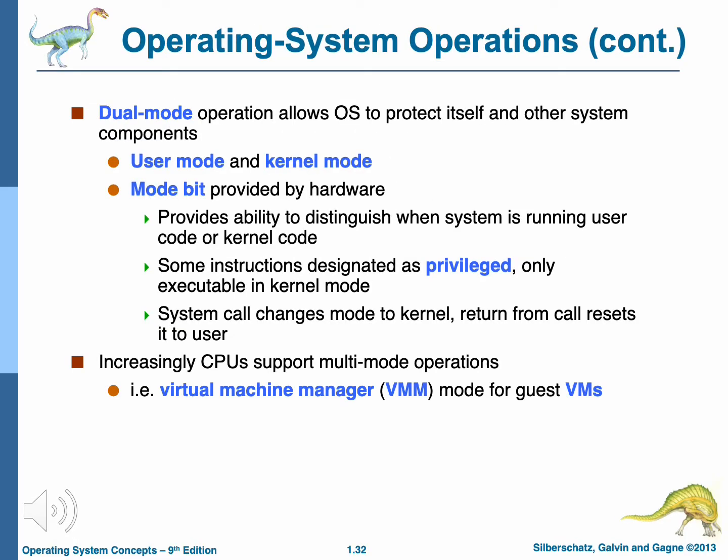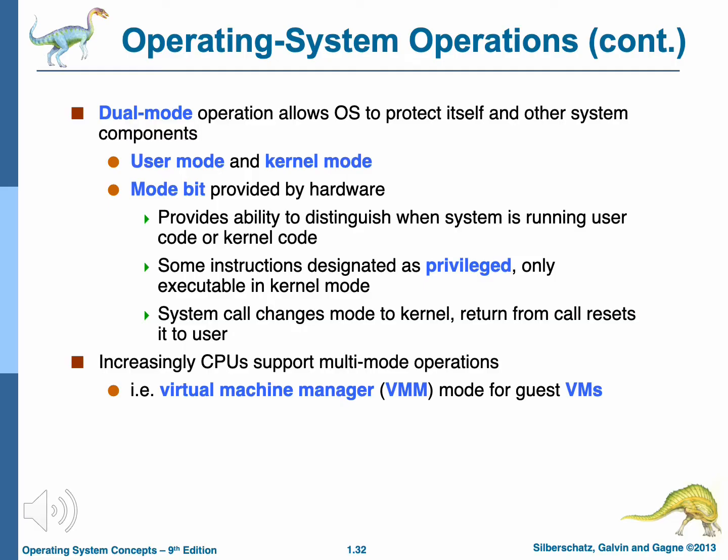Dual mode and multi-mode operation. In order to ensure the proper execution of the operating system, we must be able to distinguish between the execution of operating system code and user-defined code.